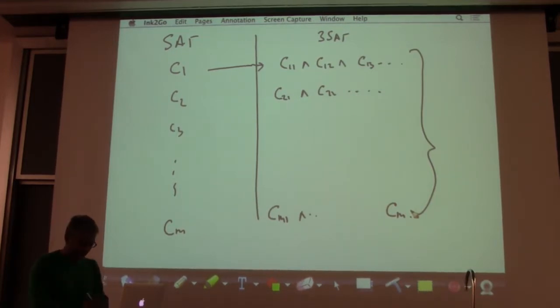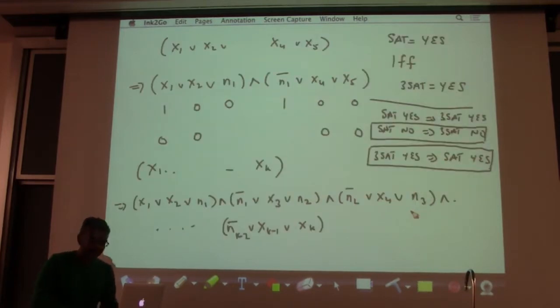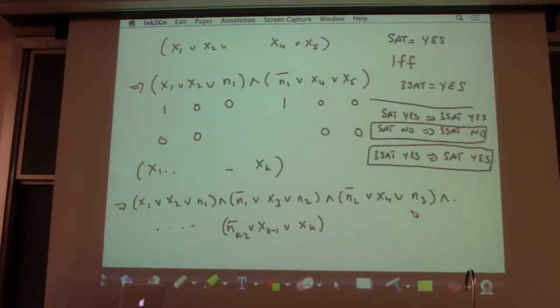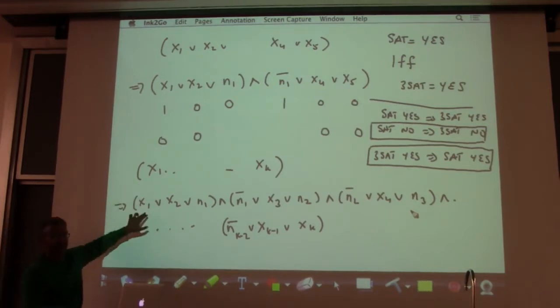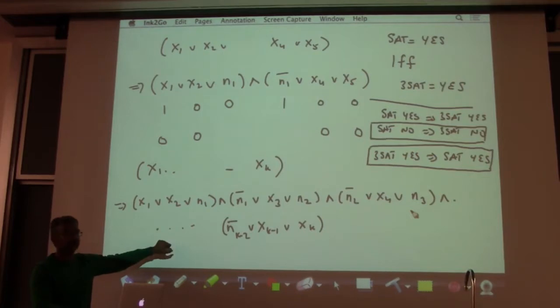I want you to think about something. Suppose instead of 3, I said 2. Will this trick work? You're shaking your head there. Can you tell me why? Let's say I have this one here, the second bottom line, the one with X3 in it.